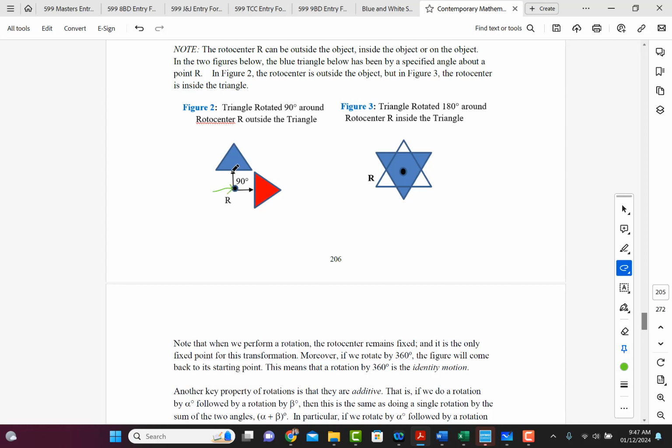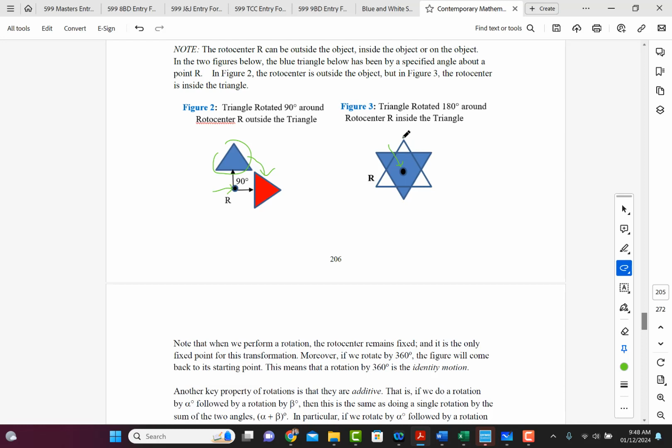And so you're going 90 degrees, so the blue triangle rotates 90 degrees clockwise. Whereas if you look at figure 3, it's been rotated 180 degrees about the rotocenter R. So here's the rotocenter, which is in the center, in this case inside the figure.